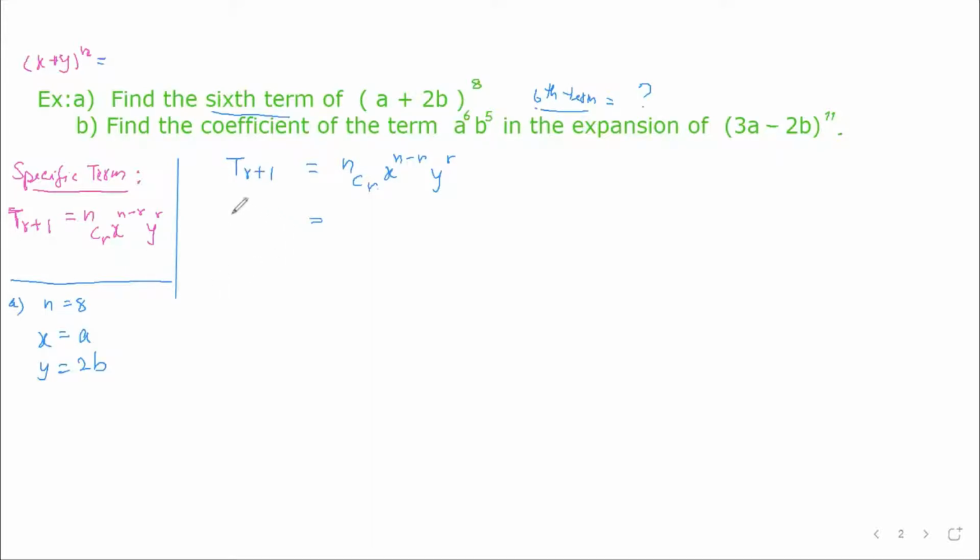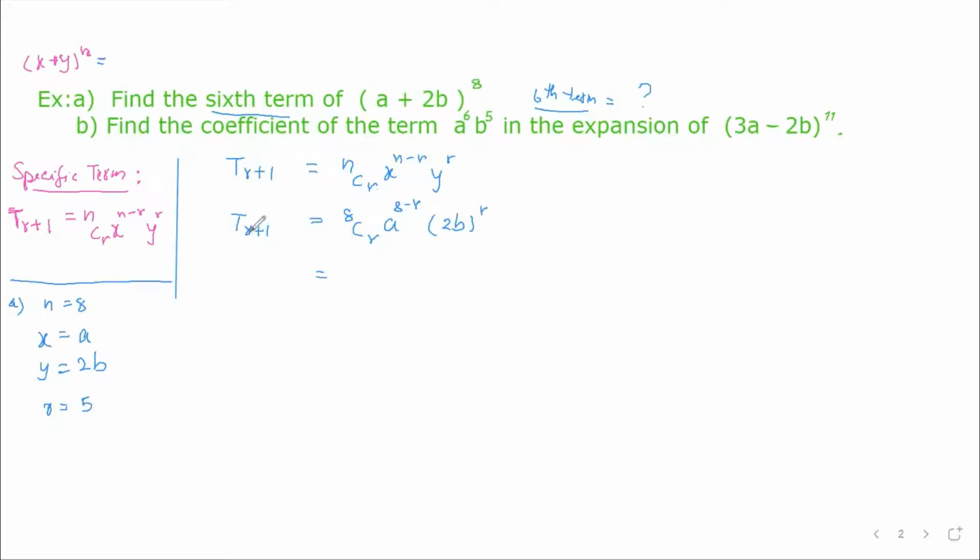After this, we replace them in the formula. r is unknown, so we write that we don't know yet. n is 8, C r is unknown, x is a, so n minus r is 8 minus r unknown, and y is 2b power r unknown, right? Now, because we want to find the sixth term, that means r has to equal 5, right?